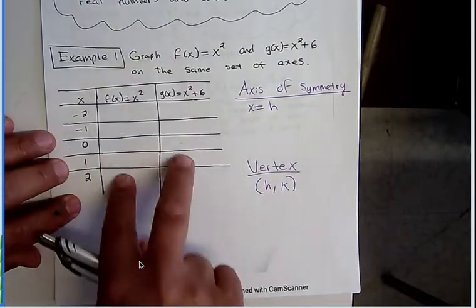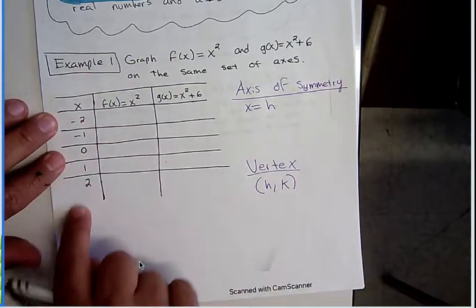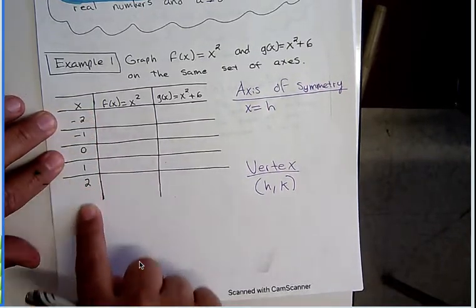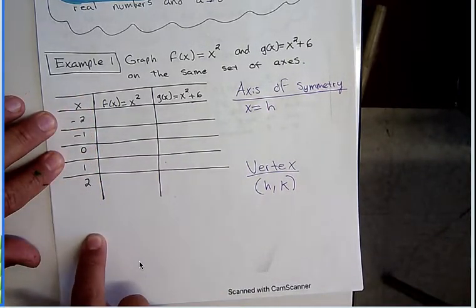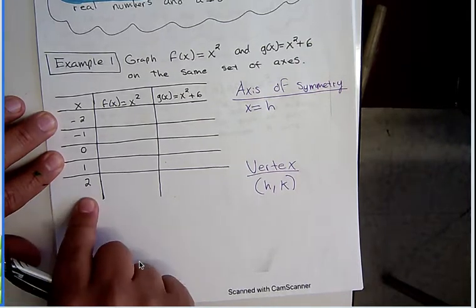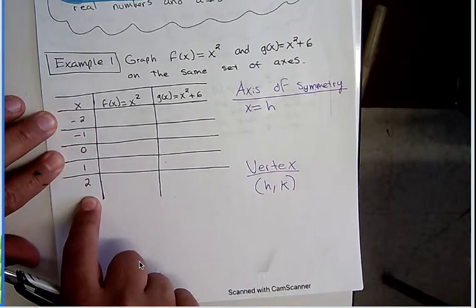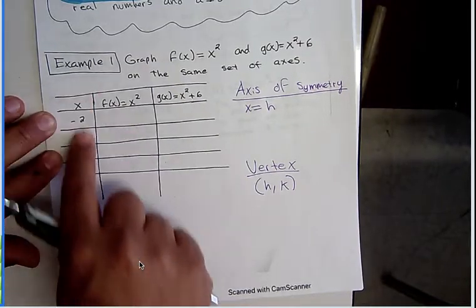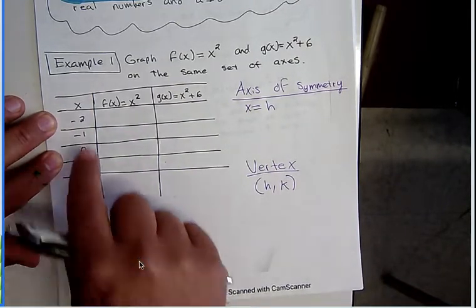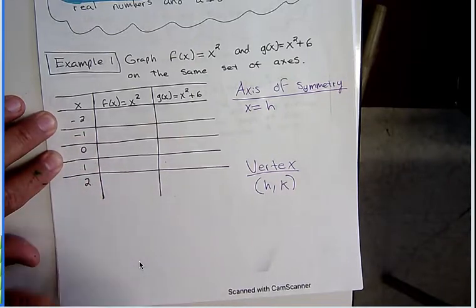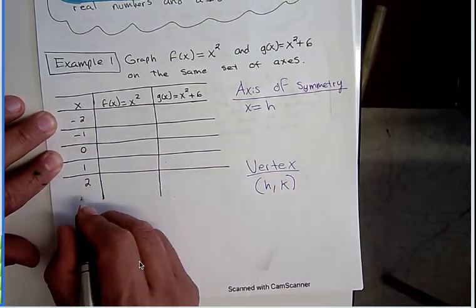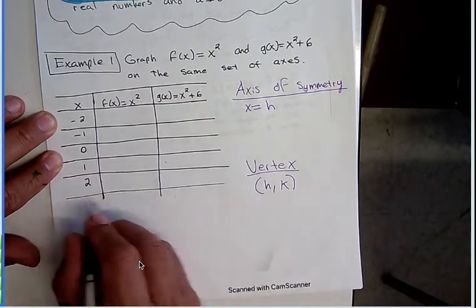For this first example, somebody asked me in the other class where I'm getting these x values from. So those of you here now, please listen. You choose them, you make them up. The book just happened to pick those values; they could have picked 5.